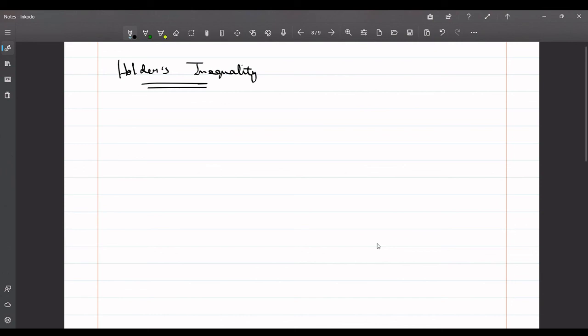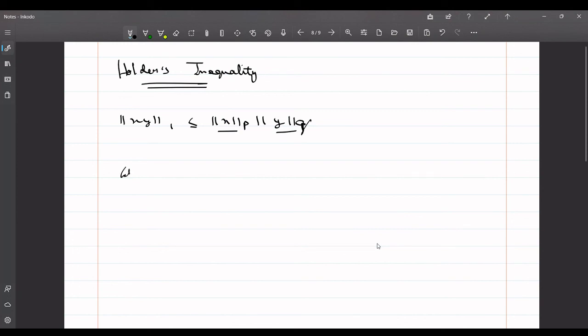See, the Holder's inequality is basically this one, right? The sum of |xi yi| is less than or equal to the p norm of x times the q norm of y. Okay. So what we do is that we choose this to be alpha and this to be beta. Sorry, this is q.